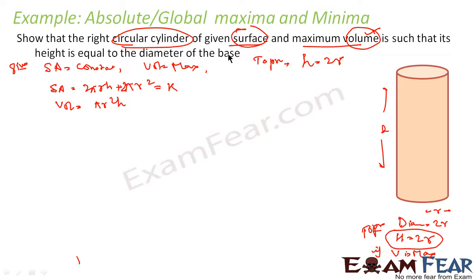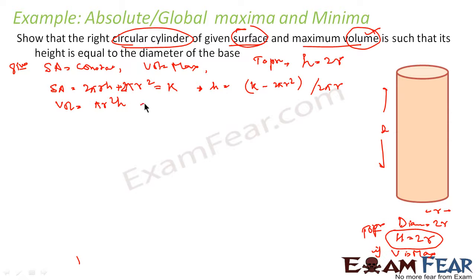The first thing I have to do is convert this into r term only. Instead of h, I want it in r. How can I get that? I have one more equation, that surface area is constant. So with that I get h is nothing but k minus 2 pi r square divided by 2 pi r. I'll put this h here.